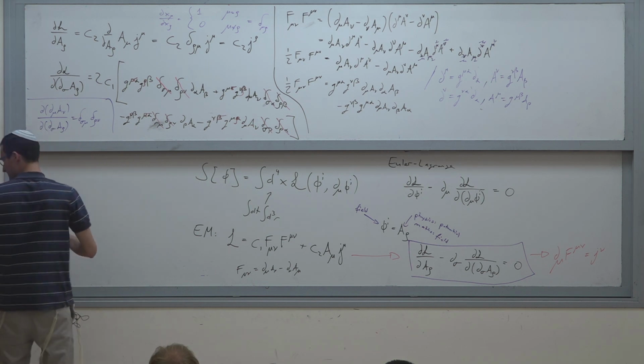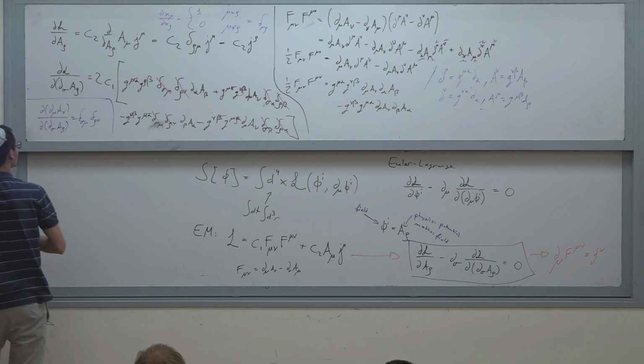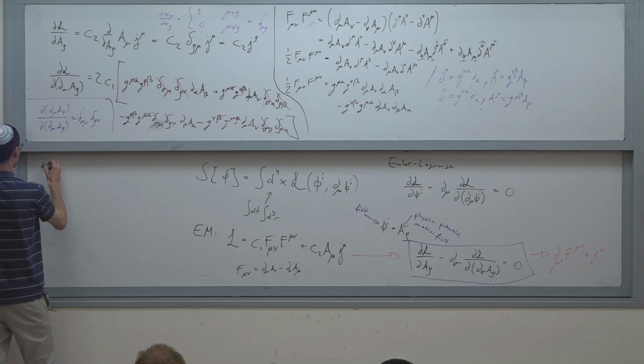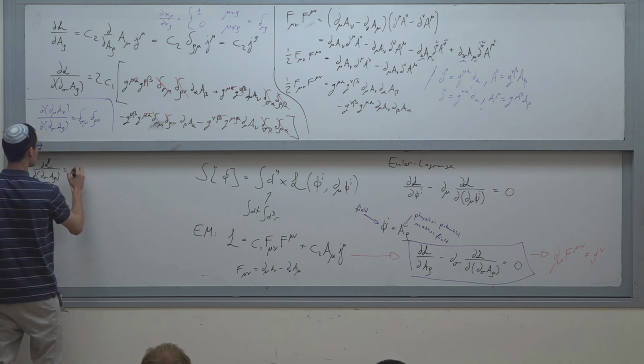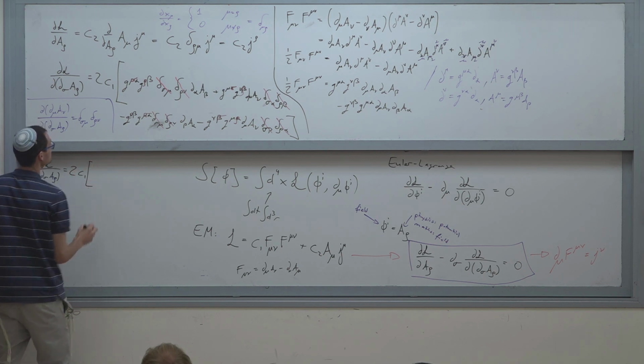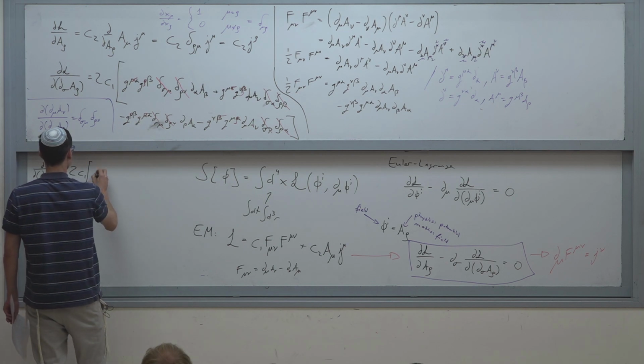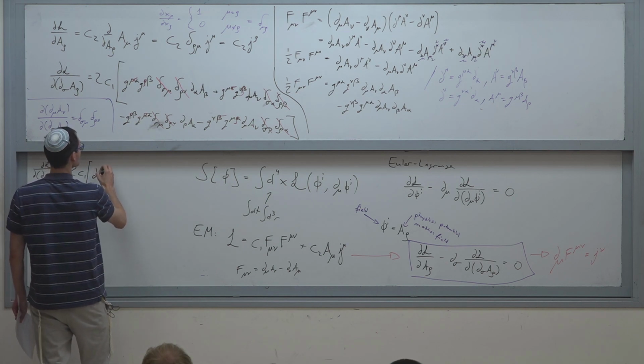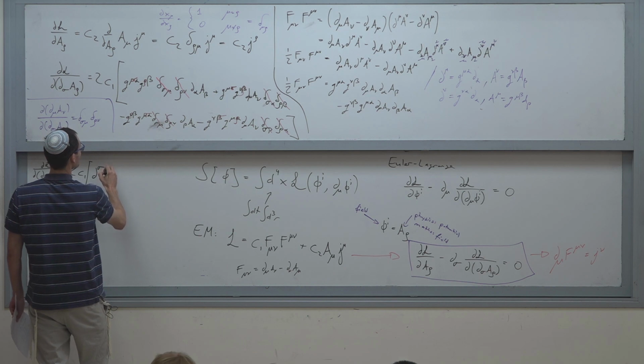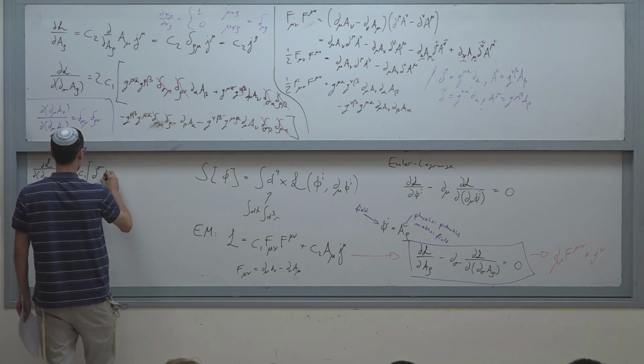Now we can use the g's and go back to upper indices. So again, the derivative of L with respect to ∂_σ A_ρ is equal to 2c1 times, so now I take over g, so I get upper index ∂^σ A^ρ.